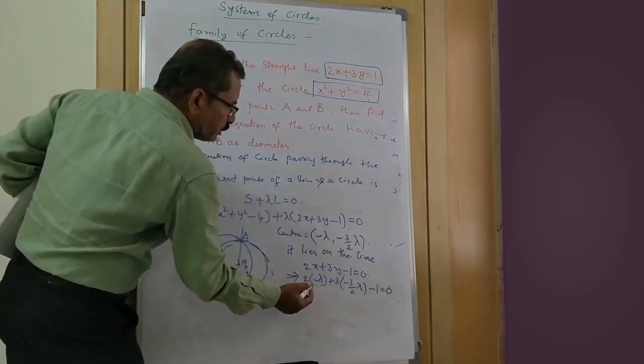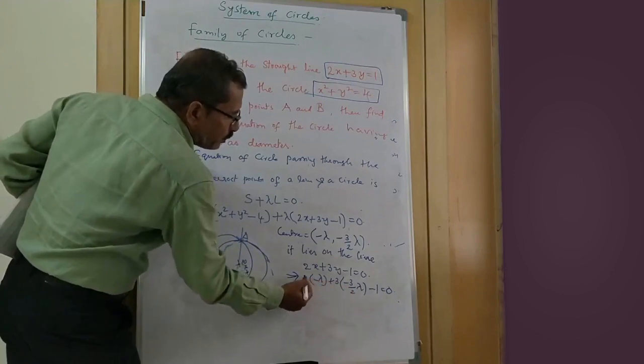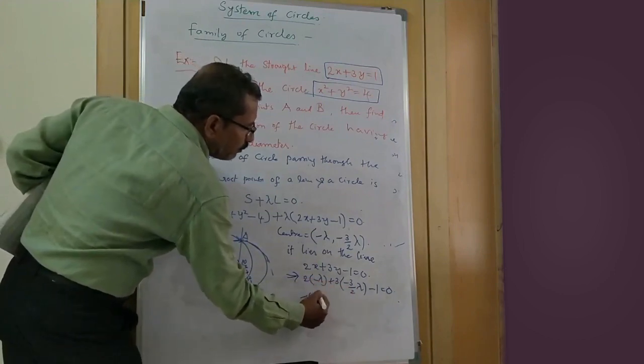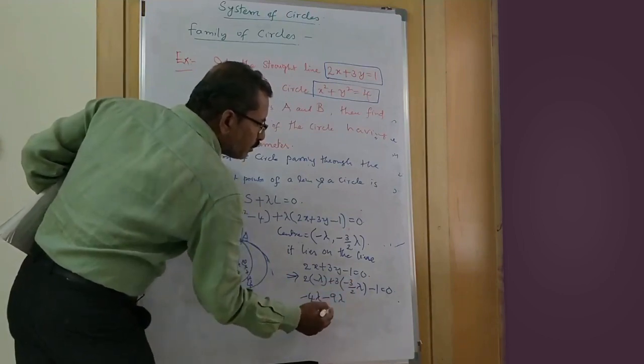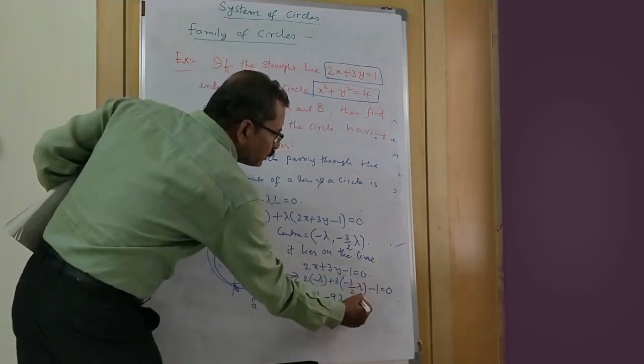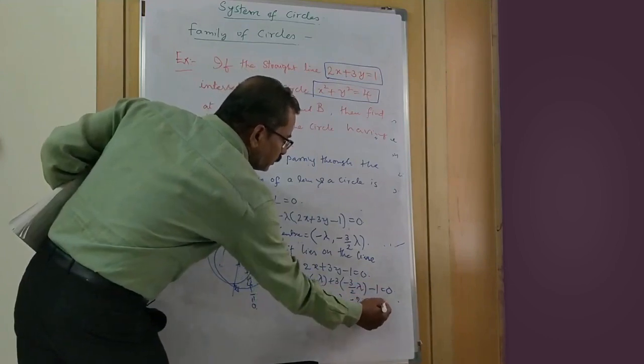If 2 is the LCM, this is minus 4 lambda, this one is minus 9 lambda, minus 2 is equal to 0.